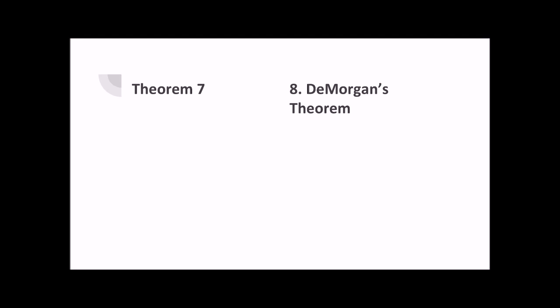Theorem number 7. It tells us that when we have a sum of products like this, the inverted variable disappears in the result.